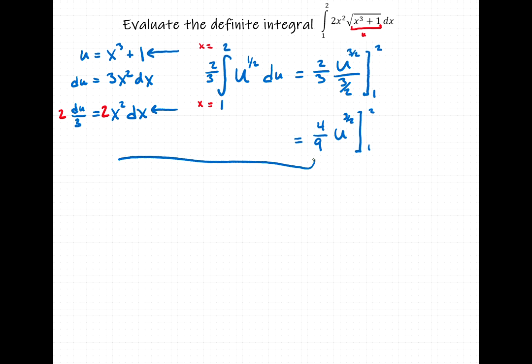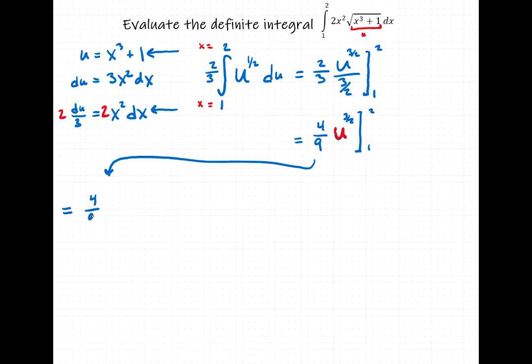All right, let's come over here so we have more space. Now that we've done the integration, u is the same as x cubed plus 1. That was our original substitution. U equals x cubed plus 1. So let's replace this u with the x cubed plus 1.